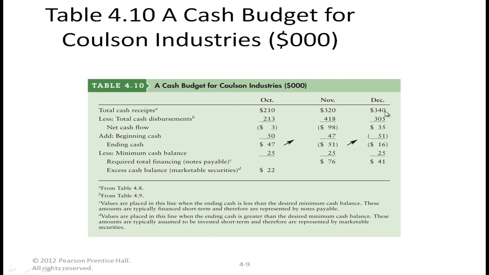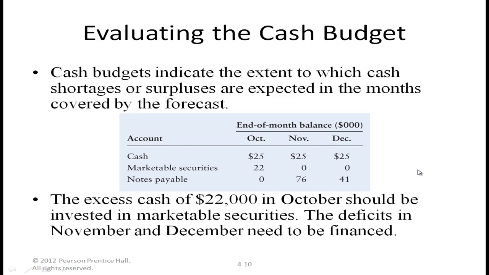And again, same thing. If you go back to the previous calculations, they had cash receipts of 340, disbursements of 305, so they had $35 coming in. They had a negative 51 cash balance previously, so they're minus 16, so they still need to raise 41 in order to get back to their minimum balance.